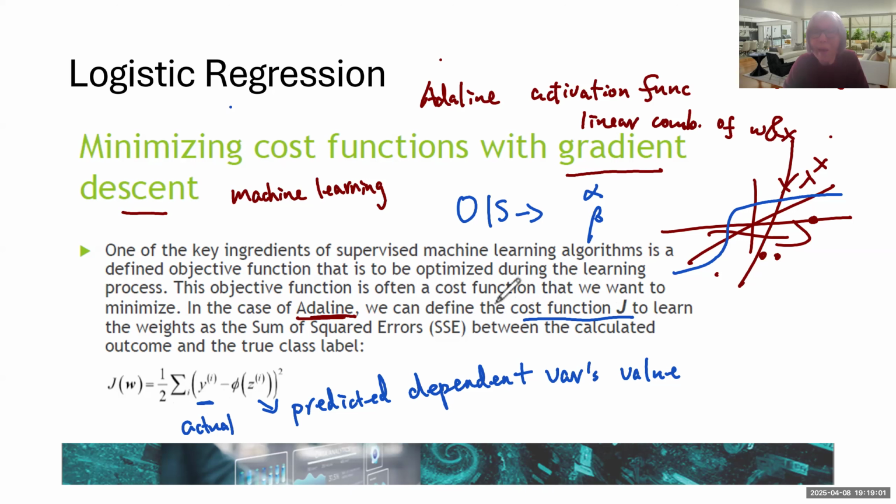So Adaline defines this sum of squared errors as the cost function, and the similar concept is to try to minimize the cost function.